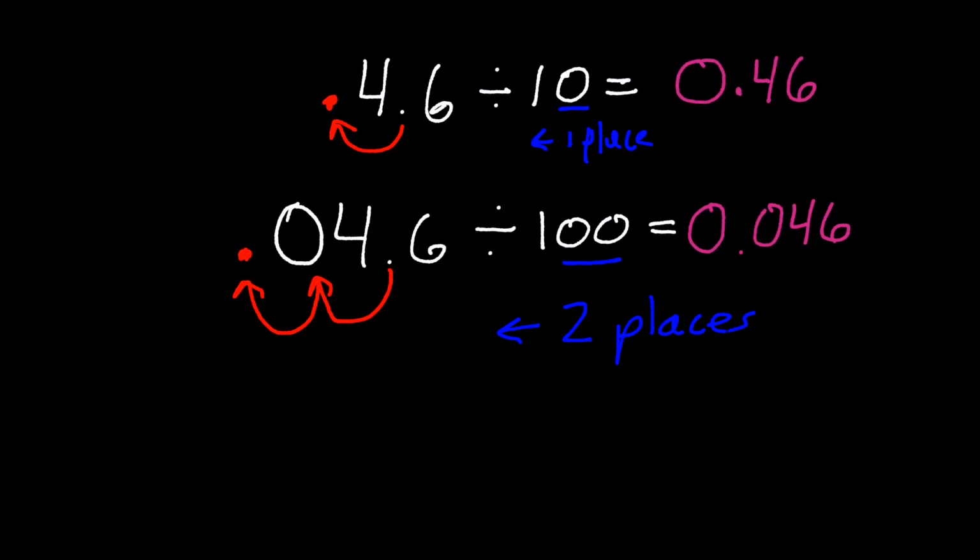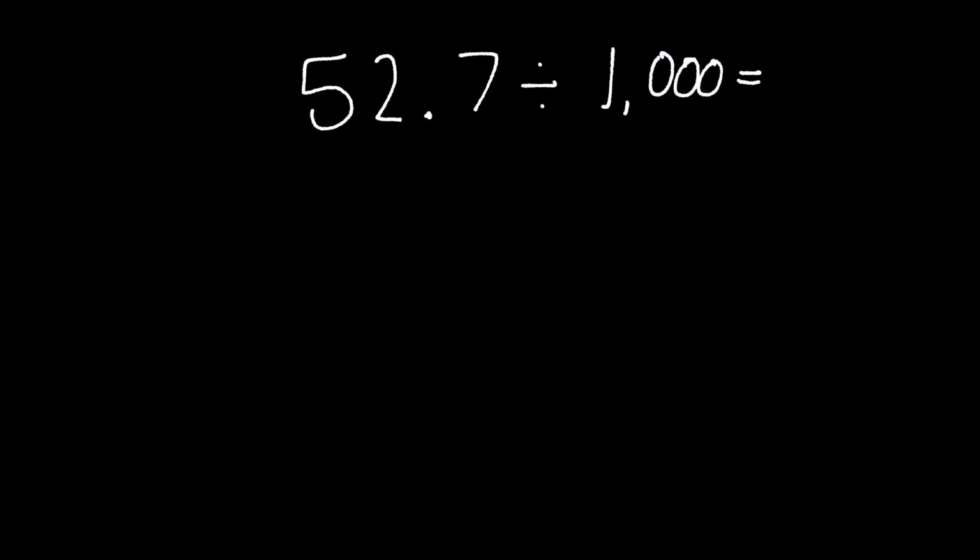Let's try another one just to make sure that this is making sense. This time we're going to divide 52 and 7 tenths by 1000. Look at our divisor. We have 3 zeros, so we're moving it 3 places to the left.